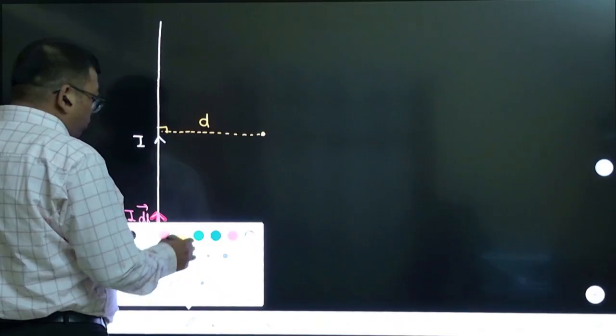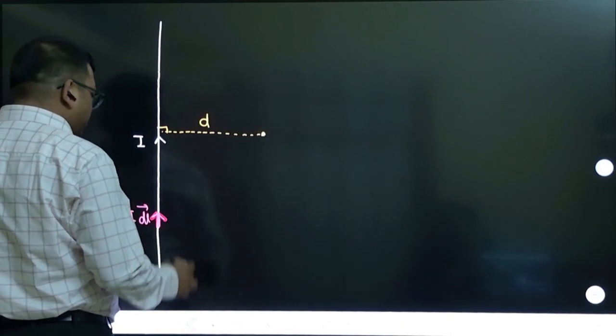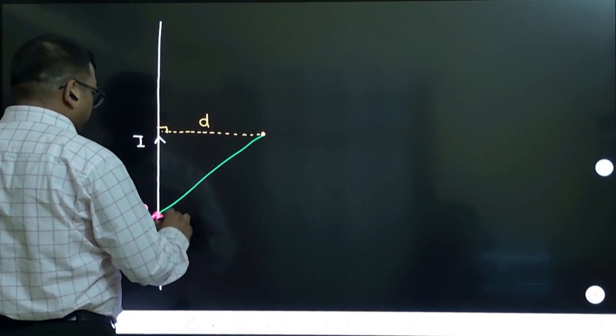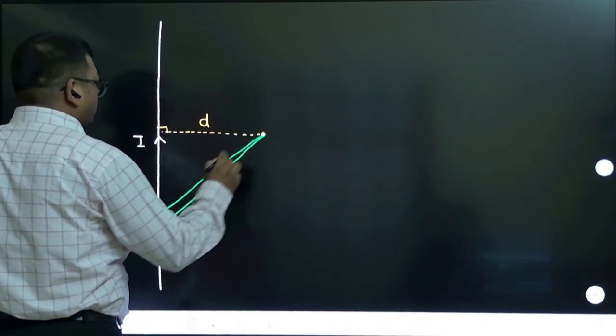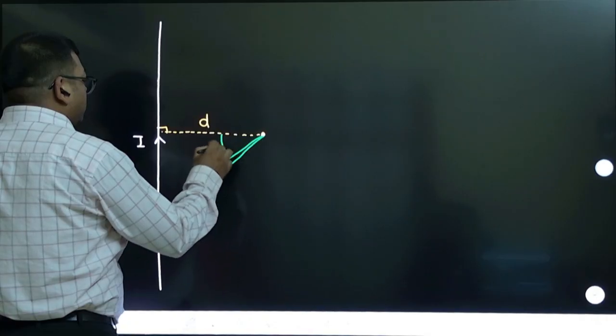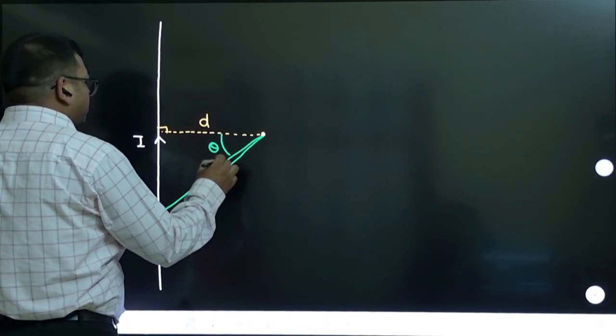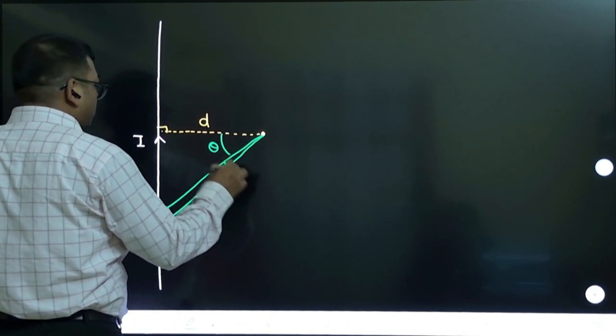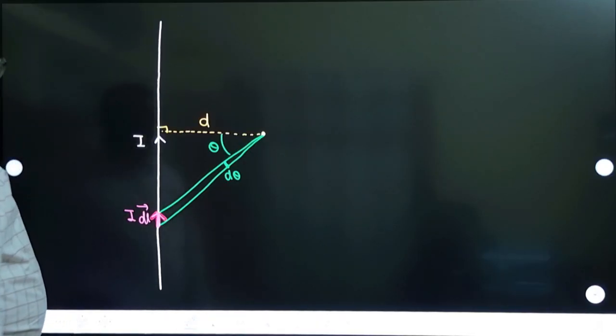Now due to this element we need to see. Suppose I join this, and let's say this angle is theta, and this very small angle is d theta.